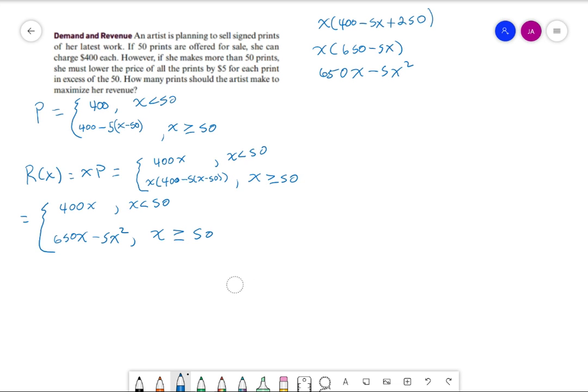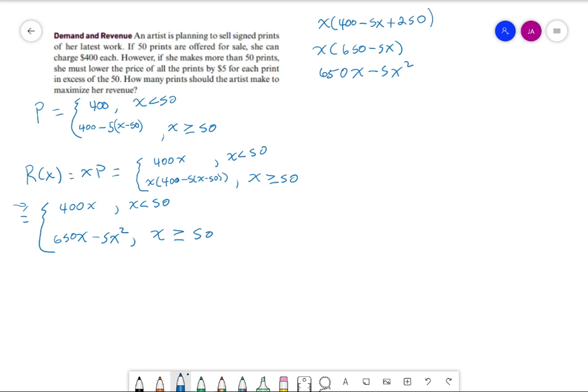And we haven't dealt with a piecewise defined demand or revenue curve yet. And so I want us to think about this real quick. Let's look at this top piece of our revenue function. It says that when x is less than 50, the amount of money that this person can make is 400 times that amount.